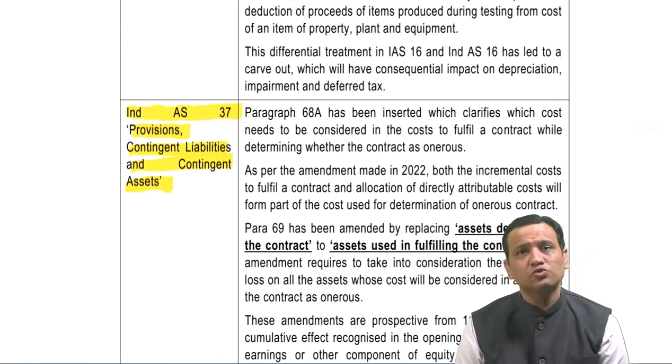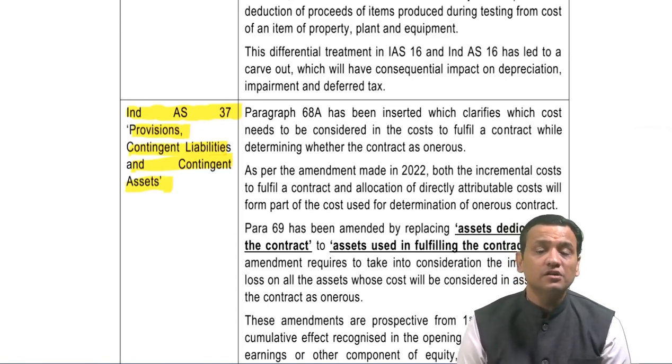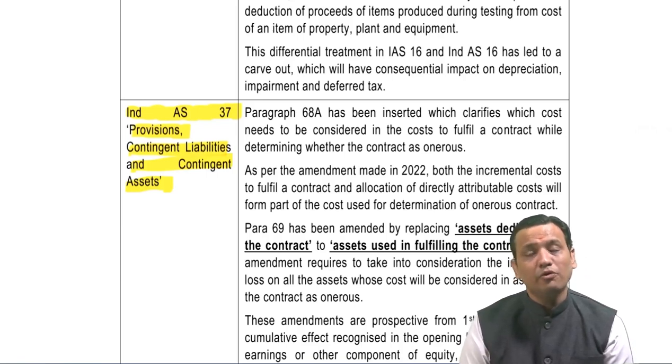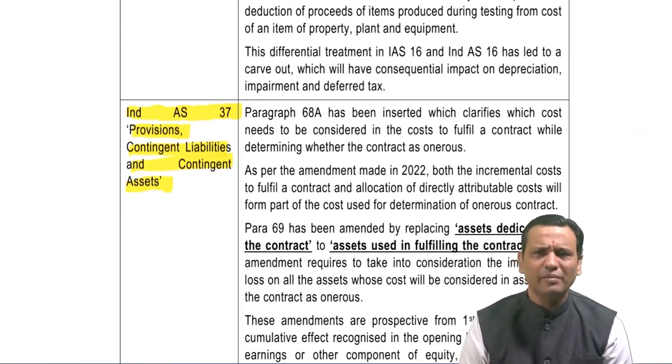Onerous contracts are those contracts where the unavoidable cost to meet the obligation under a contract exceeds the economic benefits generated from such contract. Then we say the contract is onerous. Now, we have to create provision for those unavoidable costs. Everybody knows. So, not a big amendment also.